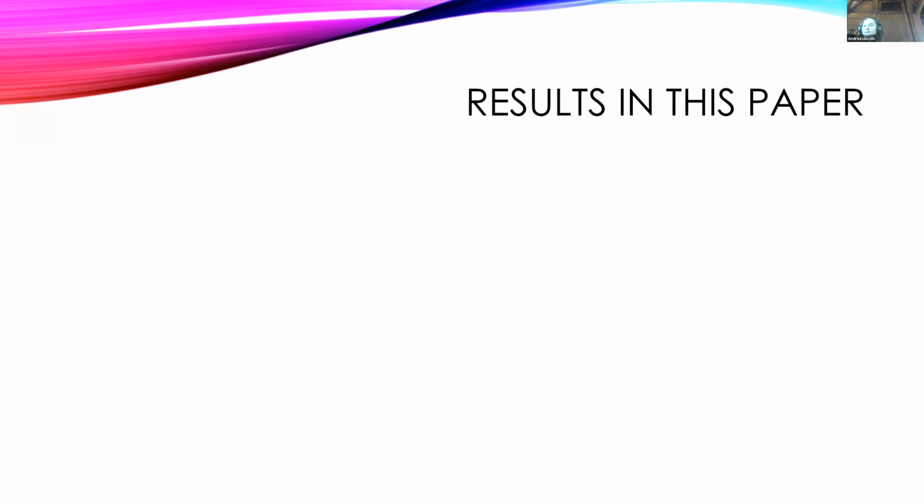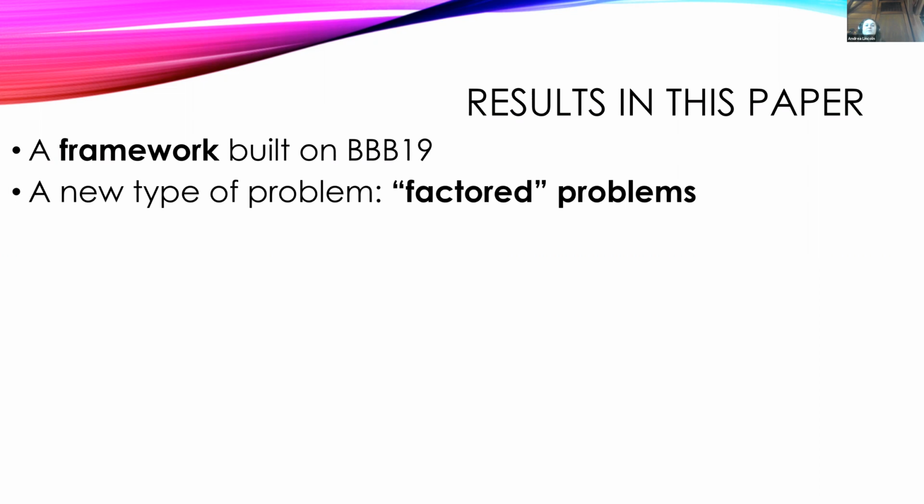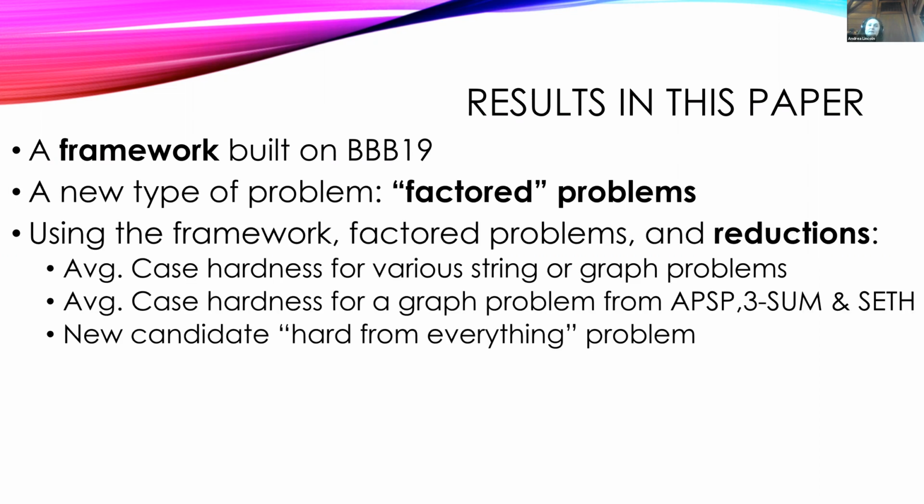So, results in this paper: we build this framework based on the ideas and results of the Boix-Adserà et al. paper from 2019. We generate a new type of problem, a factored problem, and using a combination of the framework and these factored problems, and then reductions from those, you can show average case hardness for various string problems and graph problems.